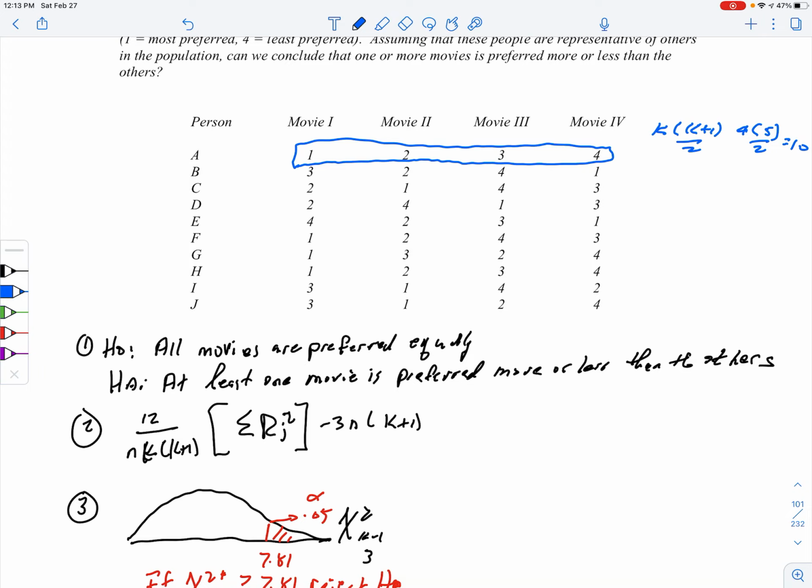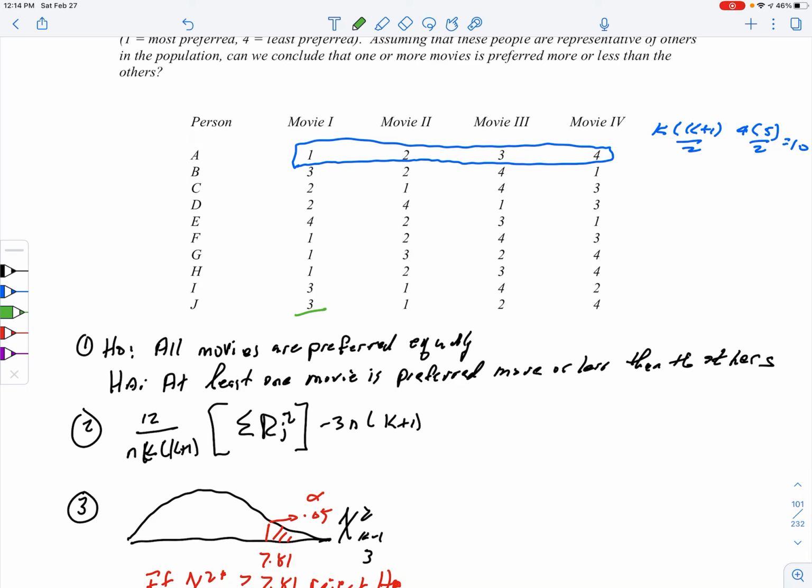And I will say that in the Anova template, you can simply take the numbers and stuff them in, and it'll take care of any errors that you have with a few exceptions, and I'm going to talk about that in a moment. But let's get back to our problem. Once you've got the numbers 1 to 4 for every row, you sum up to come up with the Rjs.